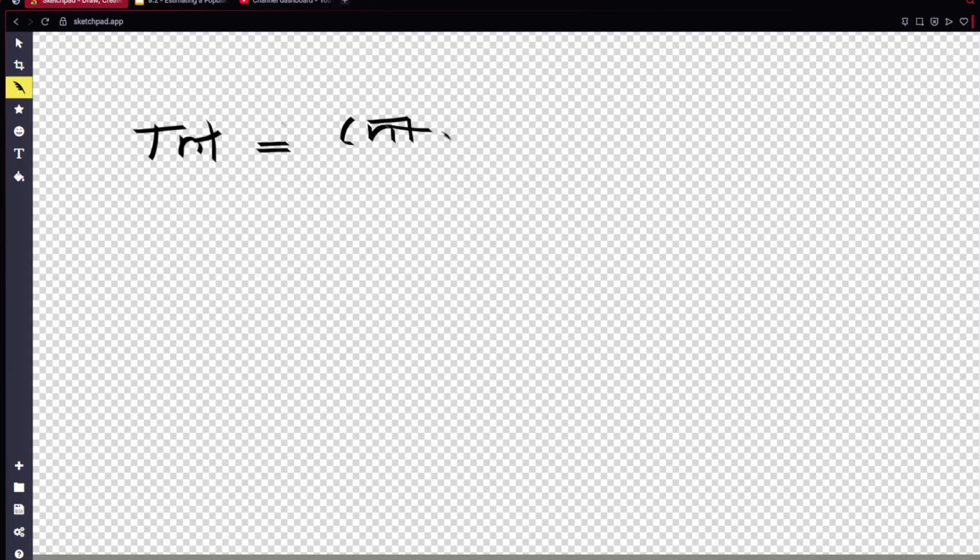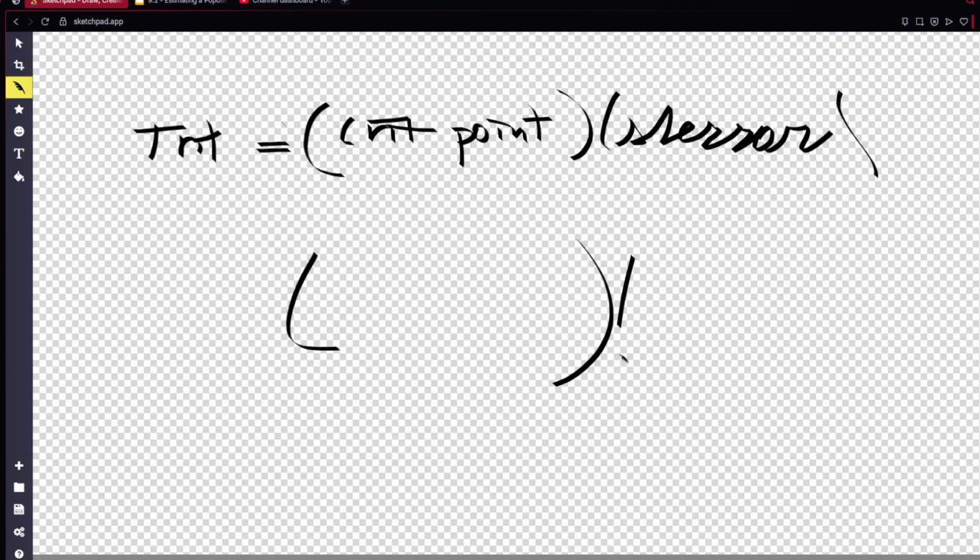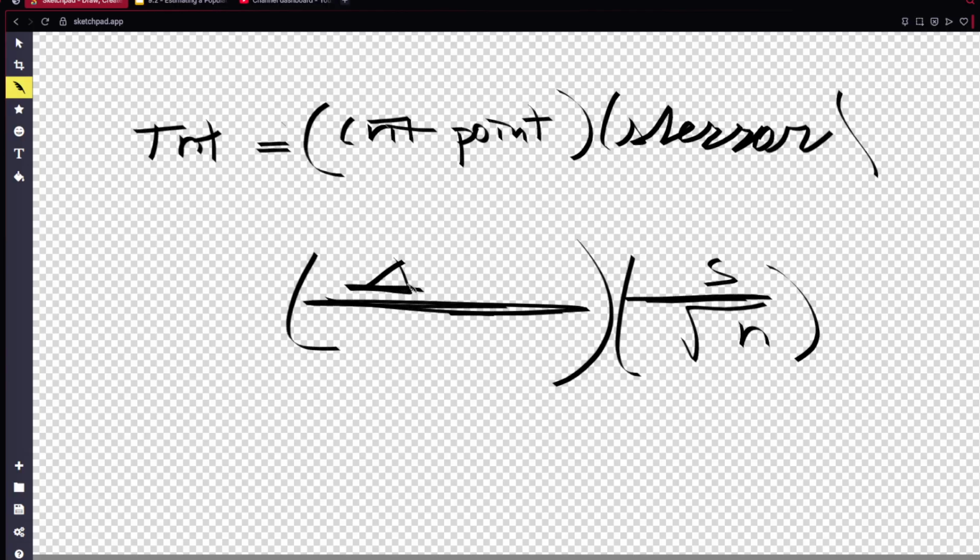So we'll just write crit point times standard error, which you can rewrite as the sample standard deviation divided by the square root of n. And then the crit point is just going to be the difference between the point estimates, divided by the standard error, pretty much.